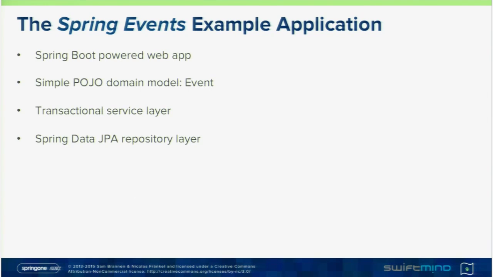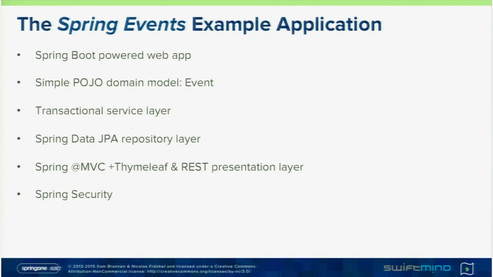Spring Data JPA repositories for our data access. And then in the web tier, we have annotated Spring MVC controllers, REST controllers, and Thymeleaf for the view with Spring MVC. Then on top of that, of course, we have Spring Security again for the method layer in the service, and then also for controlling access to particular URLs.